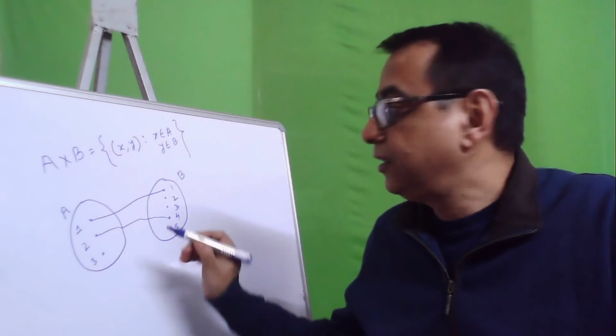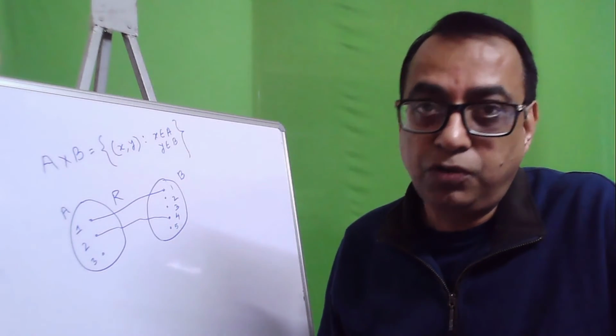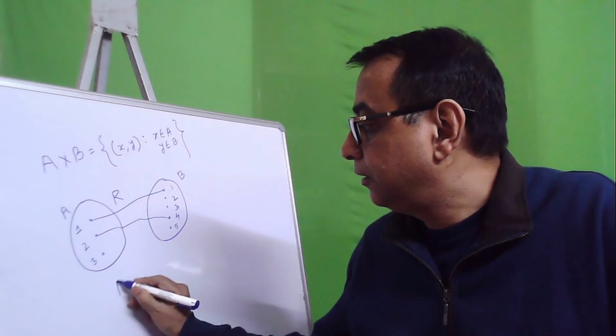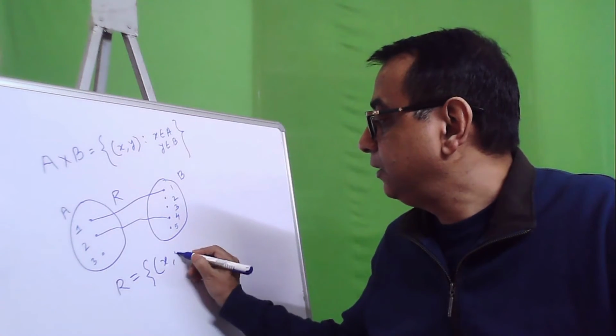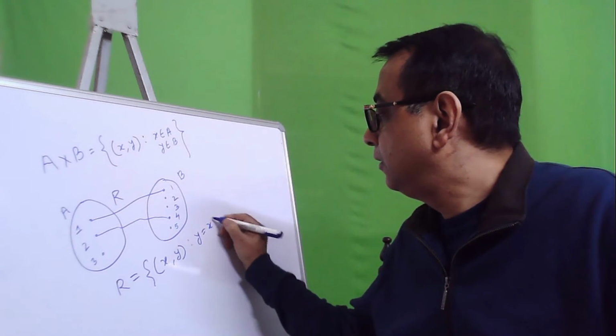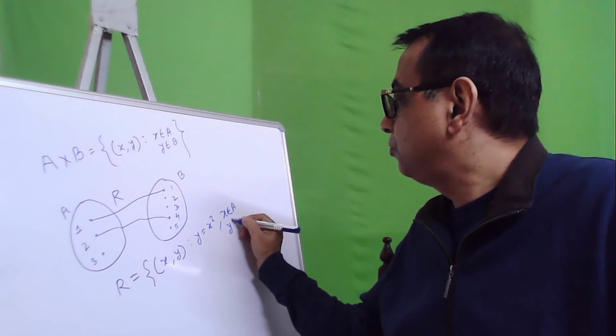So let's say this is the relationship which defines y is equal to x square, and we denote it like this: R is equal to set of all xy such that y is equal to x square, x belongs to A and y belongs to B.